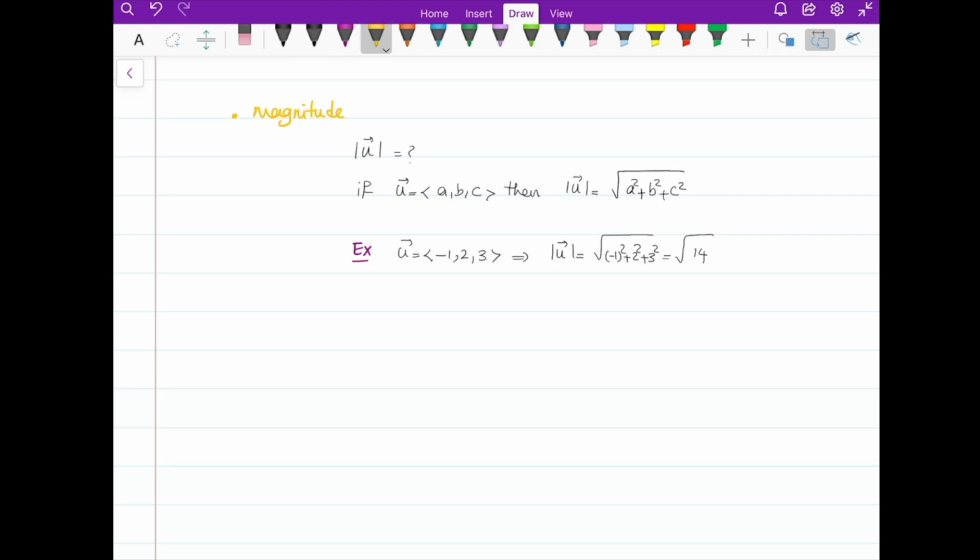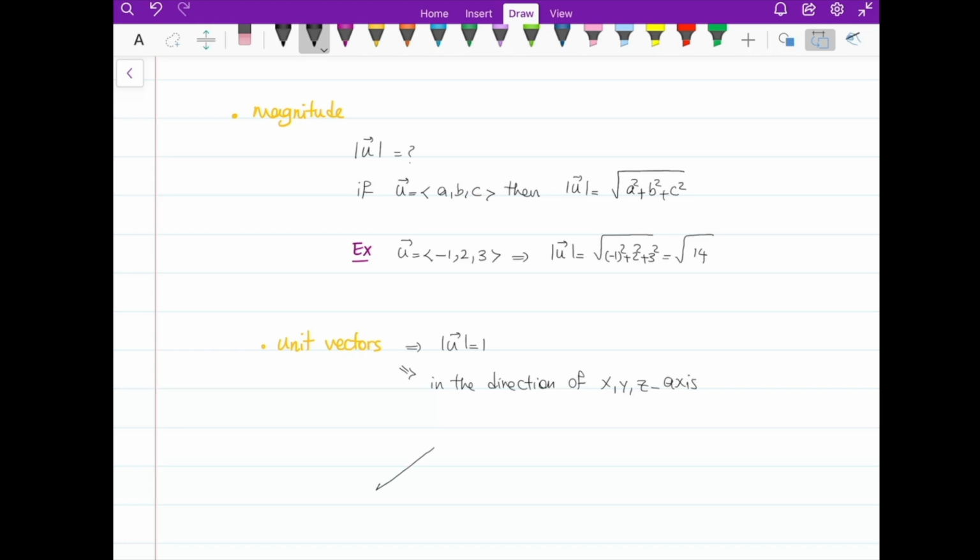Okay, then one of the most important vectors that we are going to use a lot are unit vectors. What do I mean by unit? Unit vectors are the vectors where the length of them is equal to 1. And these are in the direction of the x, y, or z axis, in the positive direction, actually.